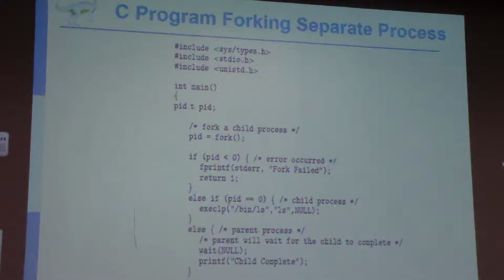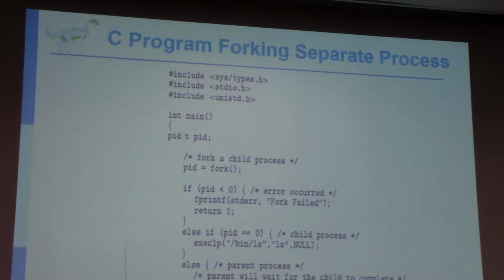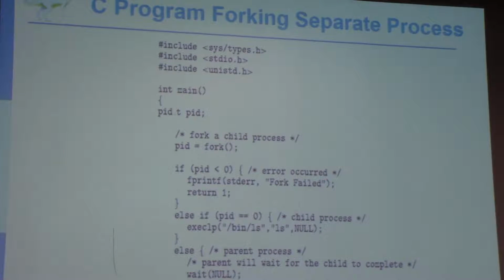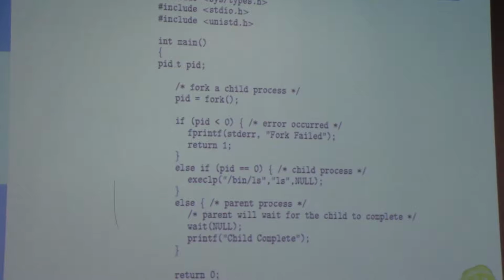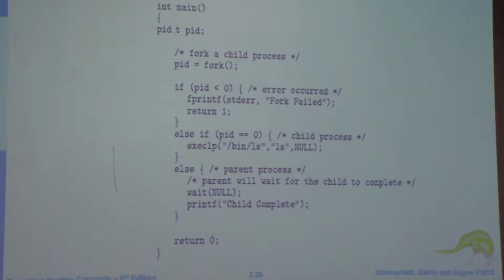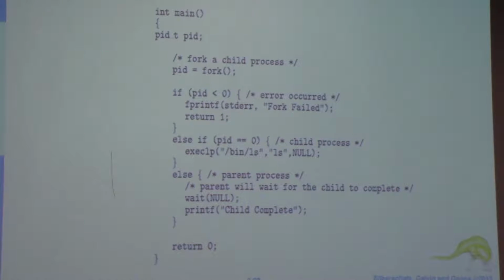Okay, then this one is a C program. If you are studying system programming, especially Unix system programming, this program is a kind of hello world. Some of you already did this in your C language course.